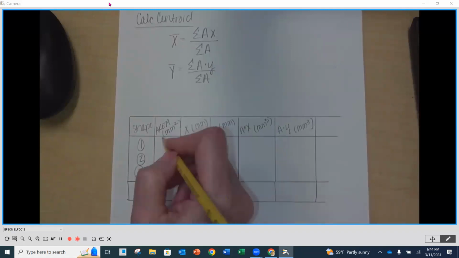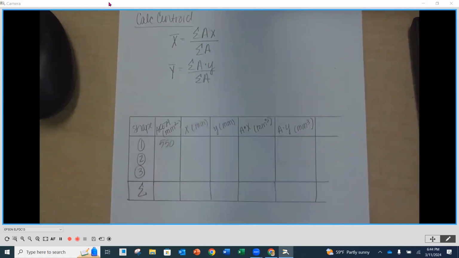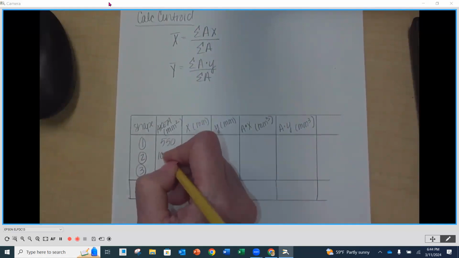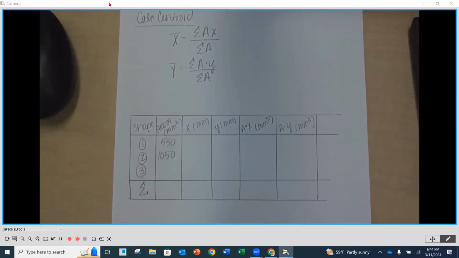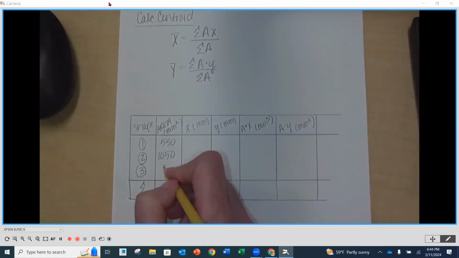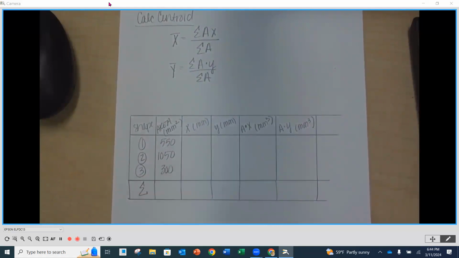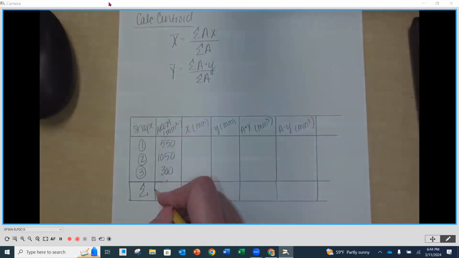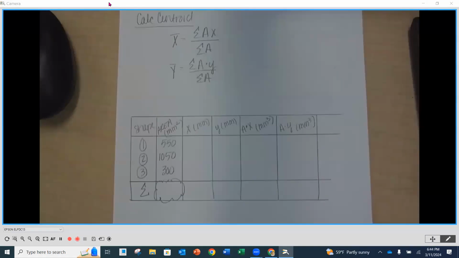So our area number 1 was 550. Our area number 2 was 1050. And our area number 3 was 300. Now, since we have this column here, area, and we're going to be using the sum of the area, we're going to sum that up and we should get, is it 1900? 1900 millimeters squared.